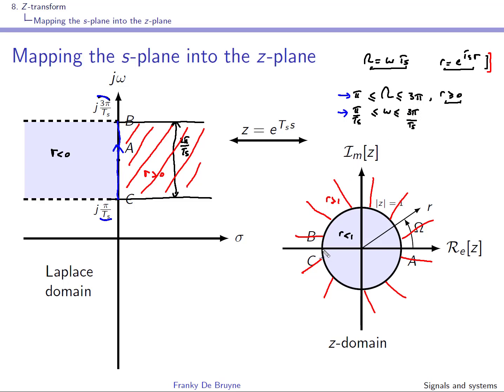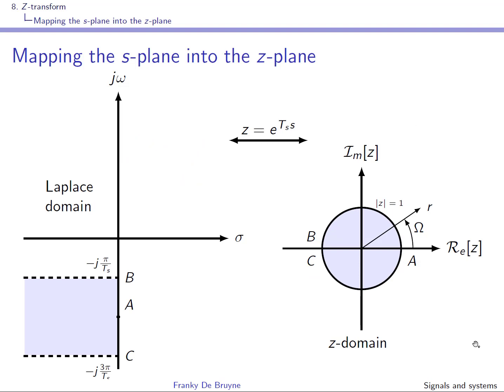We start over here with a discrete frequency of pi, which corresponds to the point C, by the way, and then we move on the unit circle, and here we have moved to 2 pi. If we continue, we'll end up at a discrete frequency 3 pi, and this corresponds to the point B, but in the z domain, B and C are the same value z.